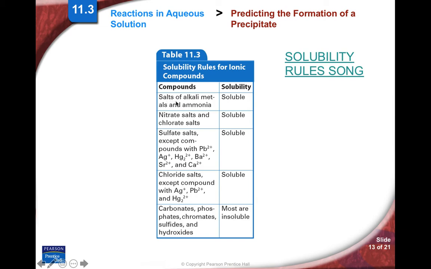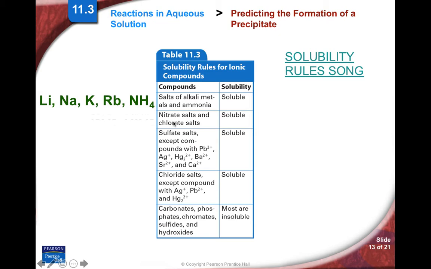So any salt, remember a salt is just something that's an ionic compound, usually an alkali metal with a halogen, but not always. Any alkali metal or ammonia compound will be soluble in water. So lithium, sodium, potassium, rubidium, ammonia, remember they all have a +1 charge.